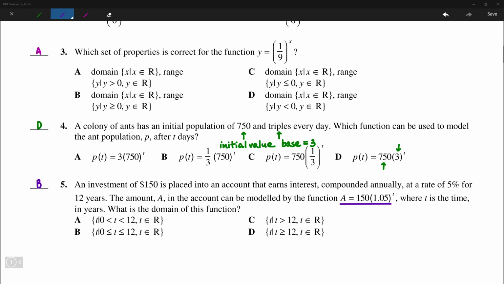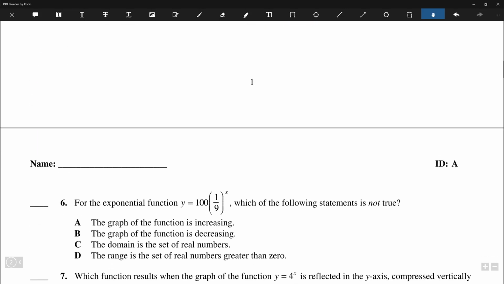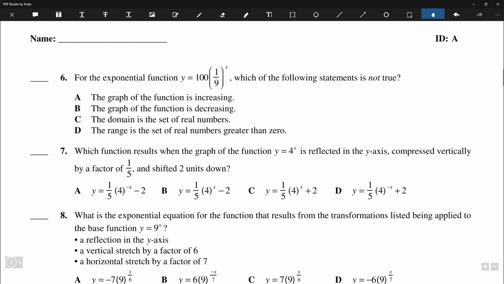Okay, so let's move on to number 6. Okay, so we're given 4 statements. We're looking for the one that's not true. So given the base of 1 over 9, we know that this is between 0 and 1. And therefore, the function is decreasing.